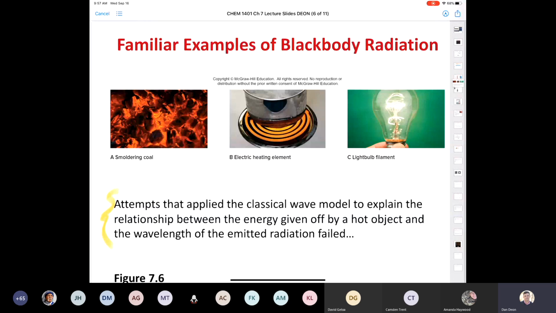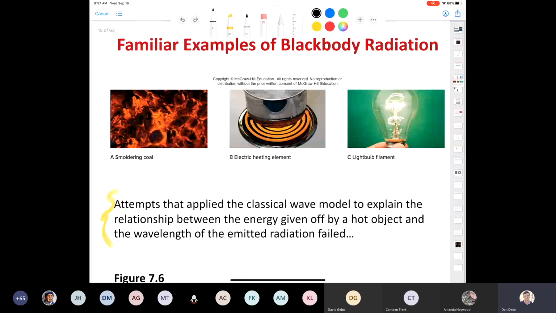Many theories were postulated, but basically one theory worked for long wavelengths of light and the other worked for short wavelengths, and nothing worked for all wavelengths. They couldn't find that connection between energy and the wavelength of the light.